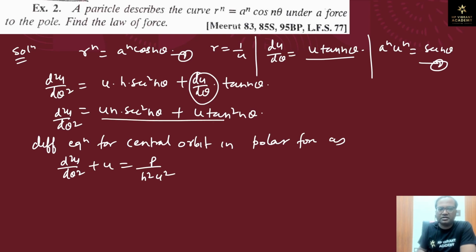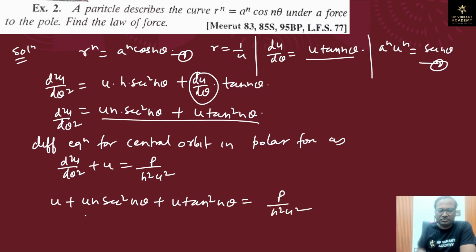So from here we have u plus u n sec square n theta plus u n tan square n theta is equal to p upon h square u square. So we have this as u times of 1 plus n tan square n theta plus u n sec square n theta is equal to p upon h square u square.